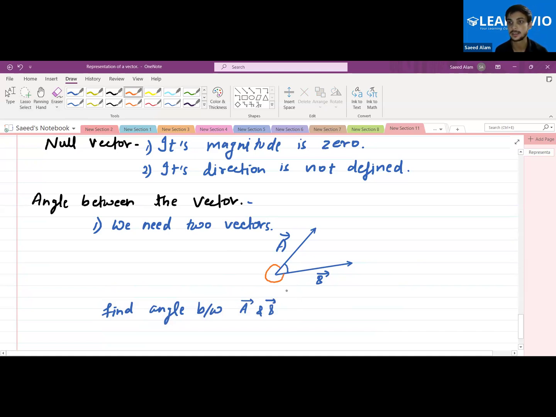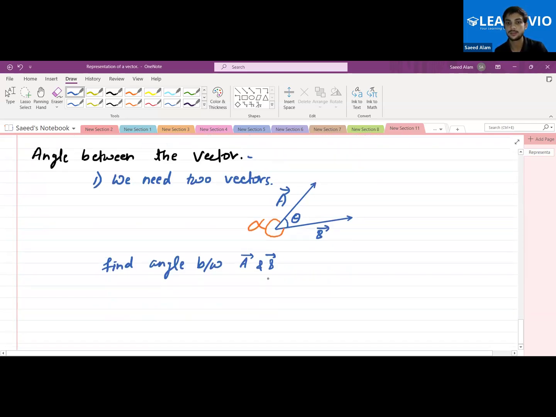But we do not need to take this particular angle. We need to take the acute angle, the smaller one always. So let's say this is an angle theta. We don't know what the actual angle is. We'll say that this is the angle between A and B. Understood?